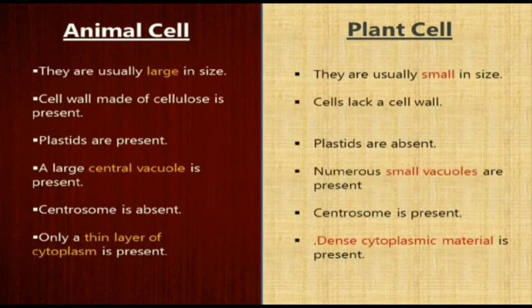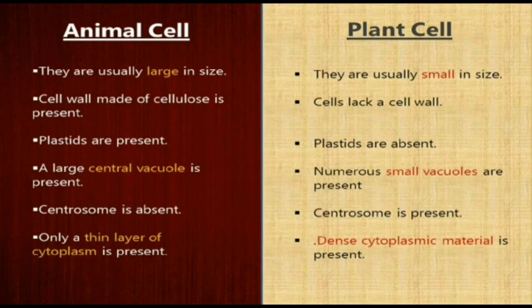Animal cells are usually large in size, but plant cells are usually smaller in size. In animal cells, the cell wall made of cellulose is absent, but in plant cells, the cell wall is present. For the animal cell, plastids are absent, but for the plant cells, plastids are present.